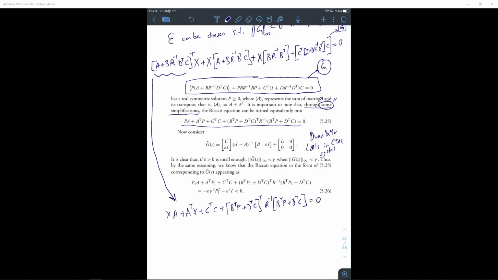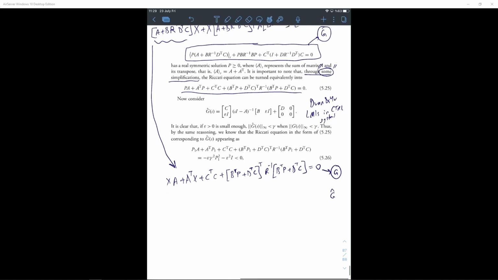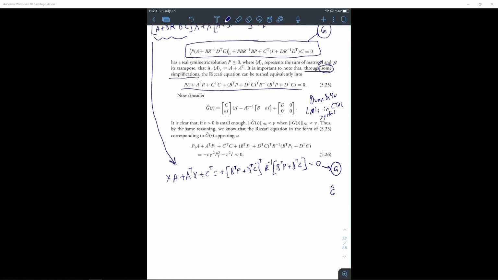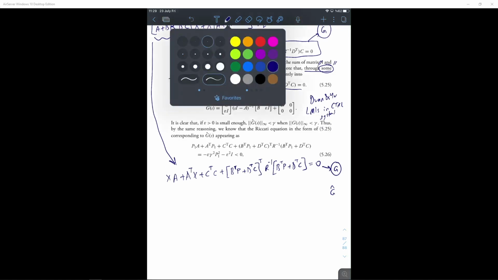Again, this is associated with G. What we were trying to do was obtain the algebraic Riccati equation associated with G hat. I'm going to use red color now.